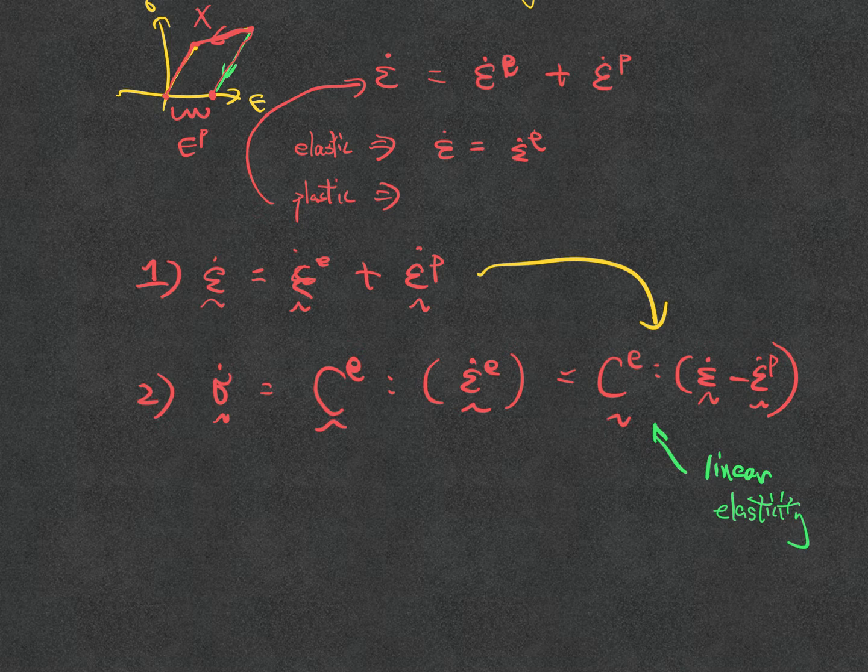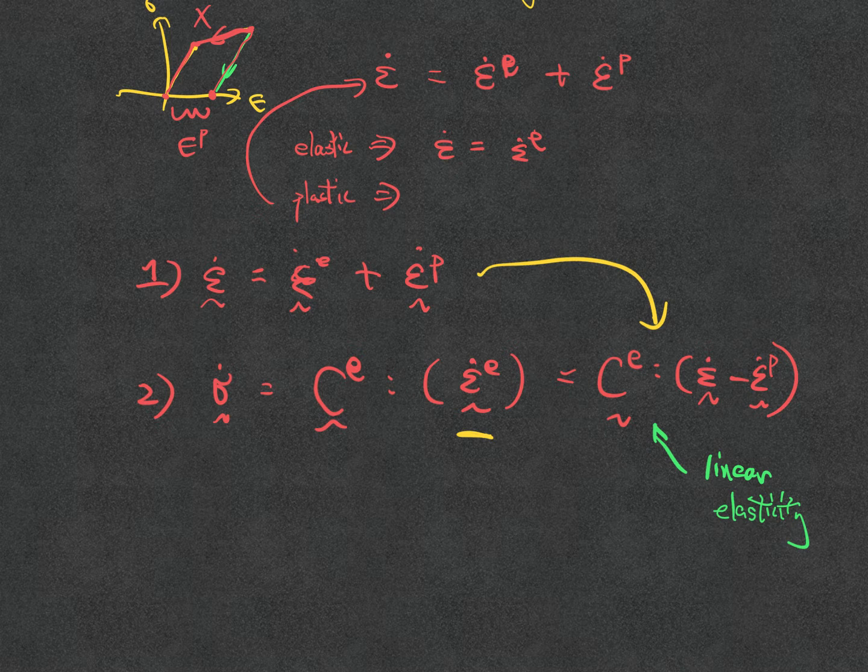And one thing that is very important is that we are making an assumption that the stress can only grow by changing the elastic part of the strain, but not the plastic part. This has an important implication in the sense that only the elastic part of the deformation can store energy.